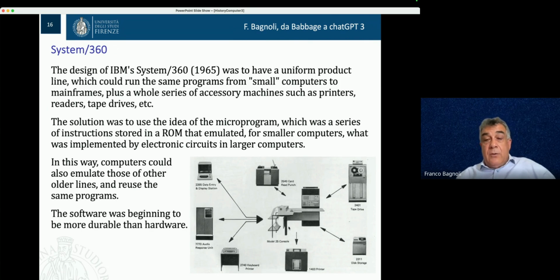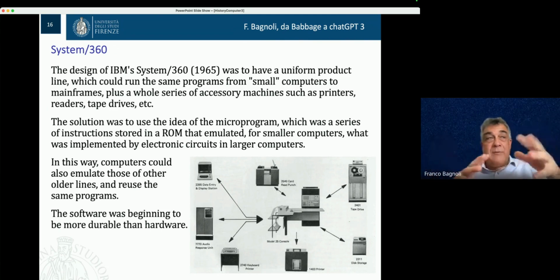You could also have smaller computers that emulated the big ones using software, so that you could use the same program from one architecture on another.